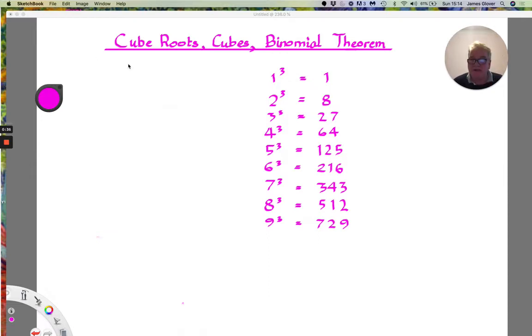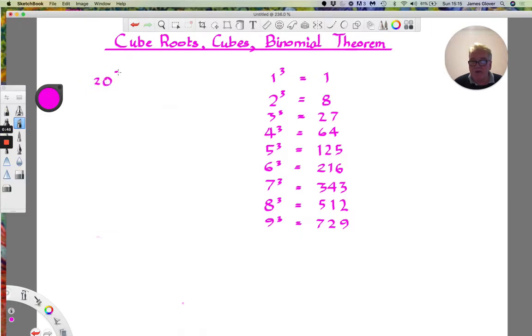So I'm just going to set out here by way of introduction 4 examples of cubes, namely 20 cubed, which is 8,000, 21 cubed, which is 9,261, 29 cubed, which is 24,389, and 30 cubed, which is 27,000.